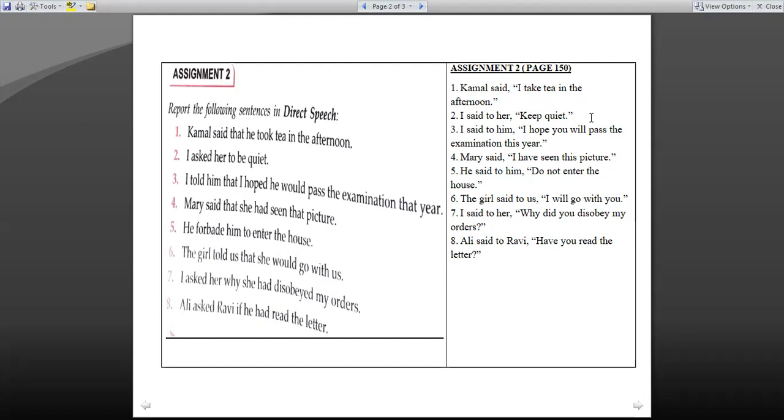I asked her to be quiet. I said to her, comma, inverted commas open, keep quiet or be quiet. Keep quiet would be a better option. So keep quiet, full stop, and then close the inverted commas.